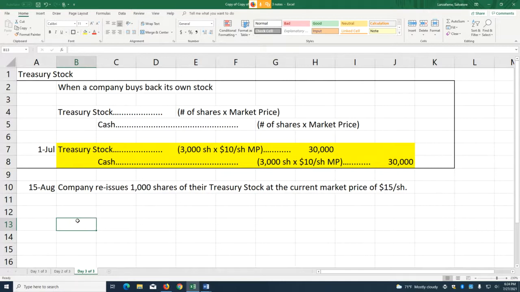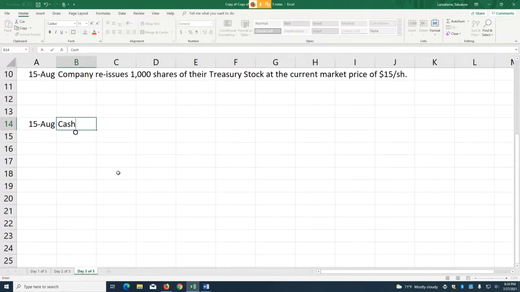So here's what the journal entry would look like when we are dealing with this reissuance. On August 15th, we would debit cash, and we're going to debit cash for the 1,000 shares that we reissued, and we're getting $15 a pop for these.